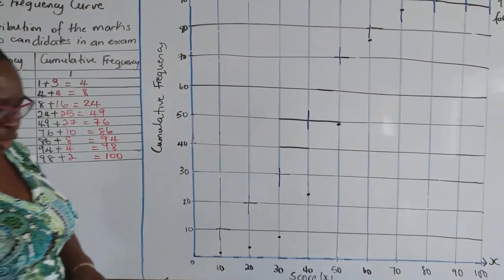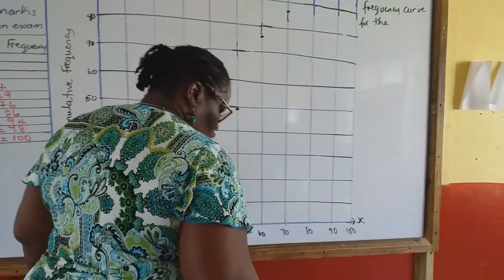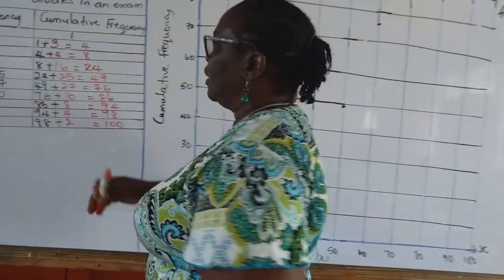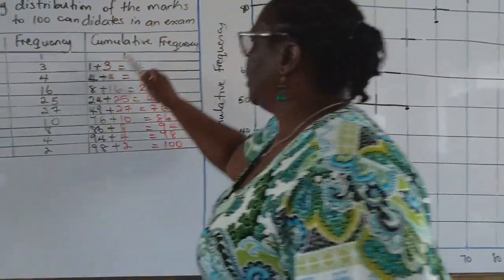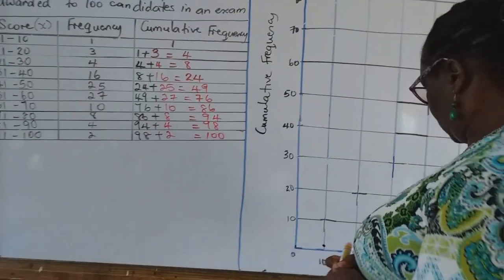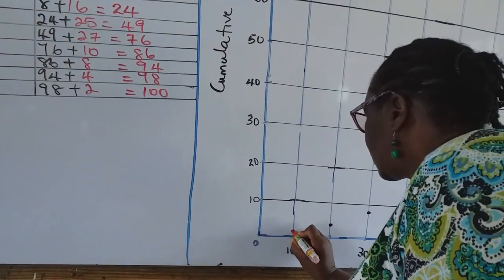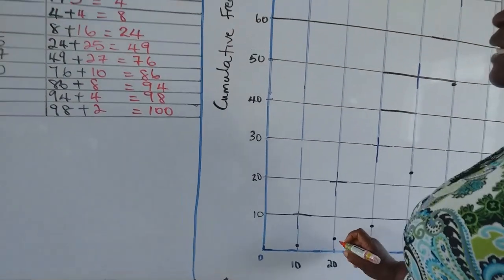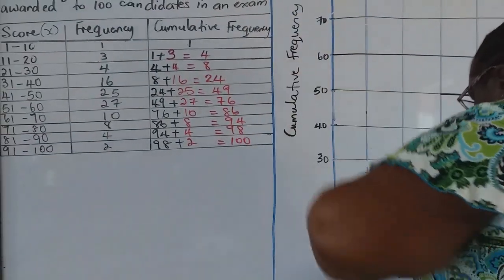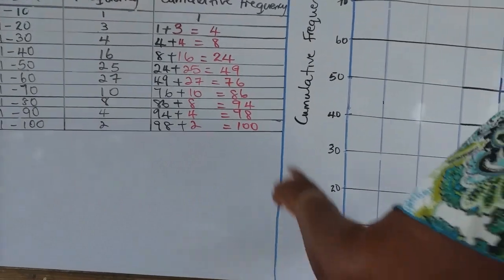So we are going to plot the points now. For the first one, you notice that when the score is 10, we have 1. So it is already here. When it is 20, it is 4. When it is 30, it is 8.